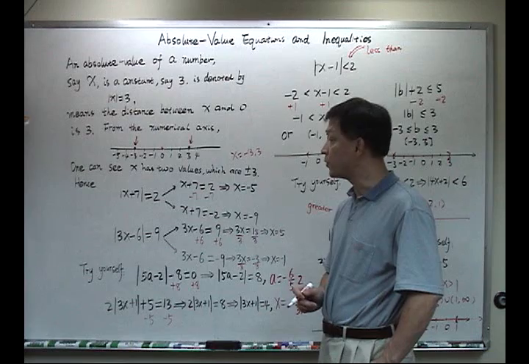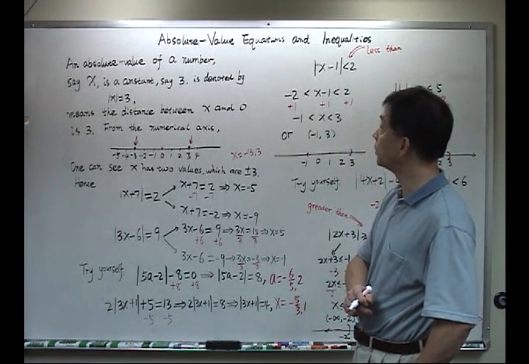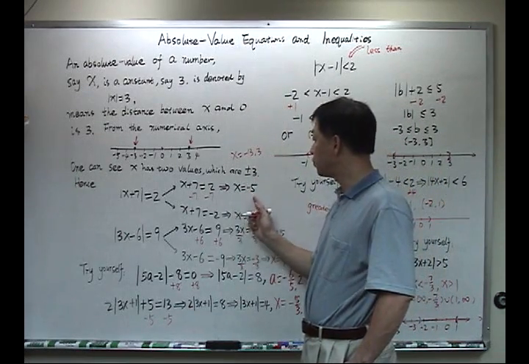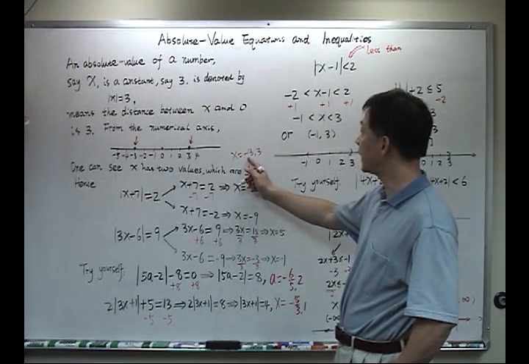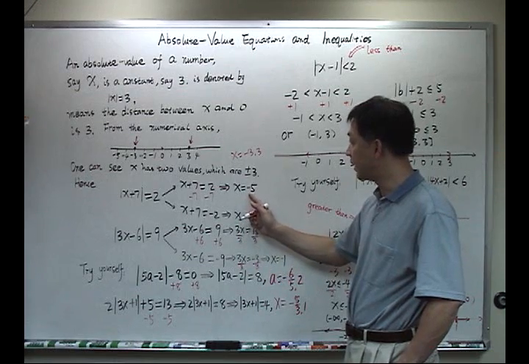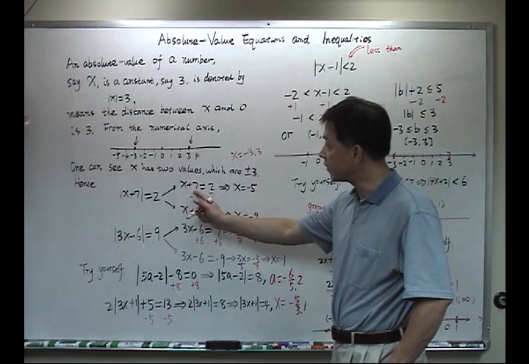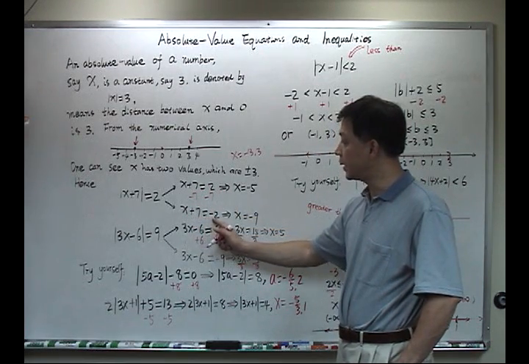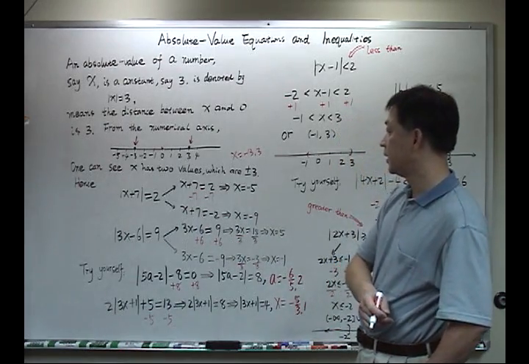So for an absolute value equation, x has two solutions. Here x is negative 3, positive 3. Here x is negative 5, negative 9. The reason is x plus 7 can be positive 2, and x plus 7 can be negative 2. So there are two cases.